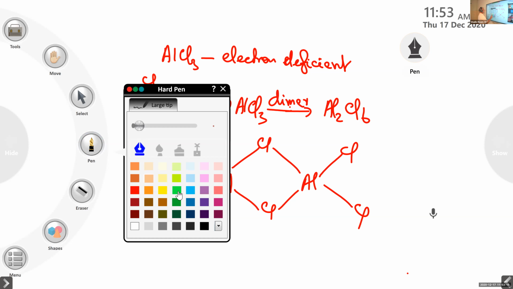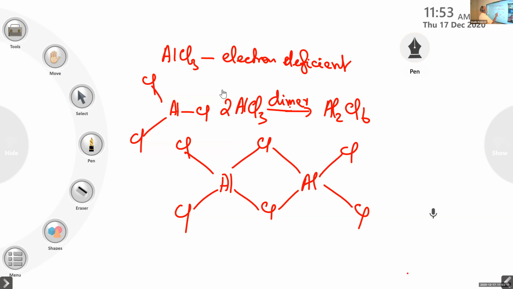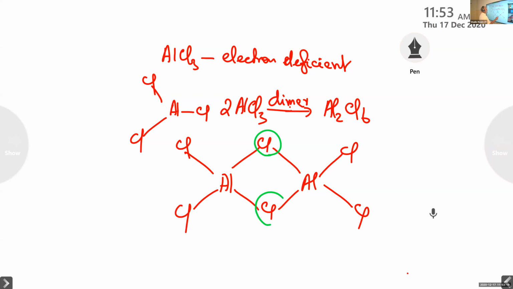We have seen such a molecule before. Do you remember beryllium chloride? In beryllium chloride also we had seen chlorine bridges. Similarly here also there are chlorine bridges.